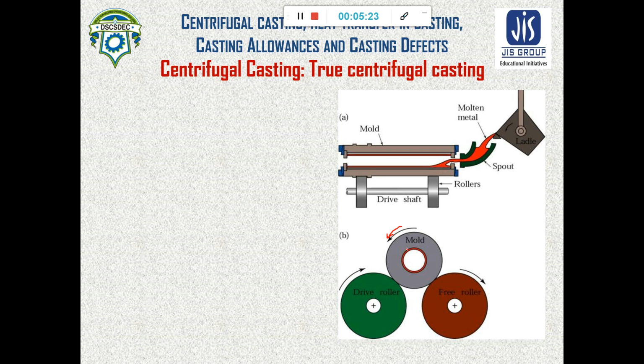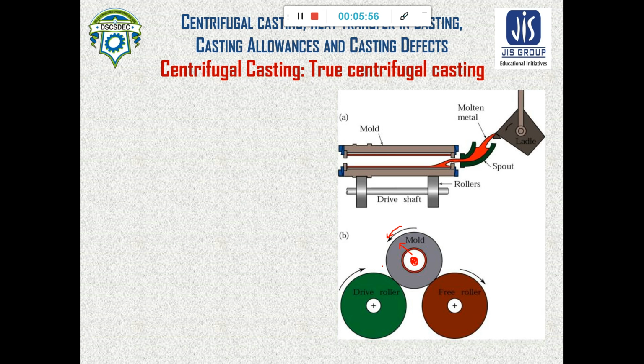By rotation, the higher-weight materials tend to move towards the outward direction of the mold. That gives a pure outside of the mold, and at the center side the lightweight material or slags are there. So these slags or lightweight material can easily be removed.